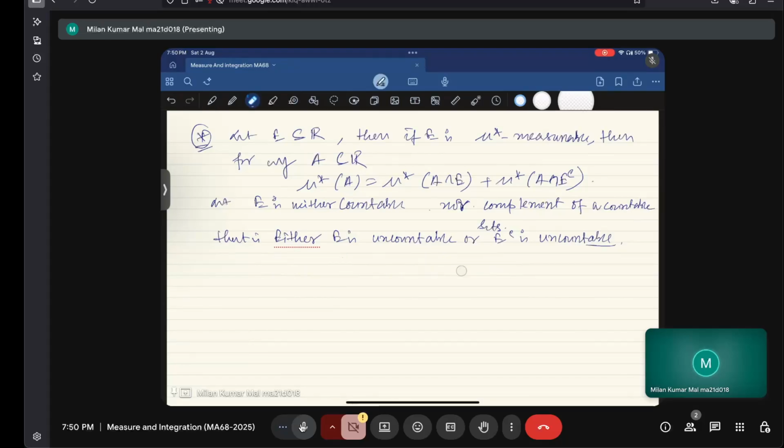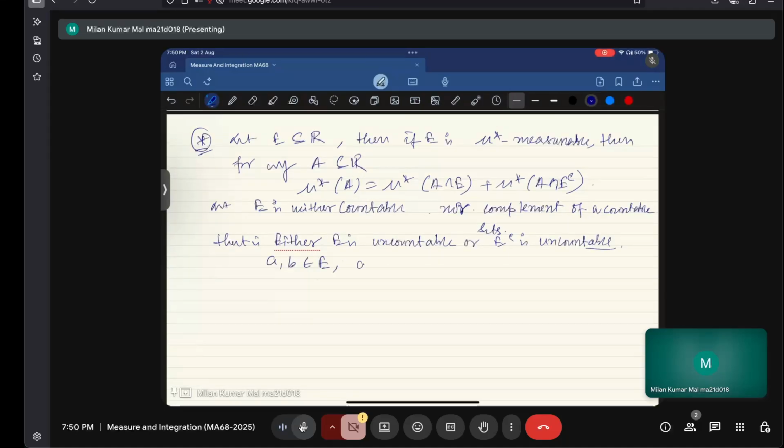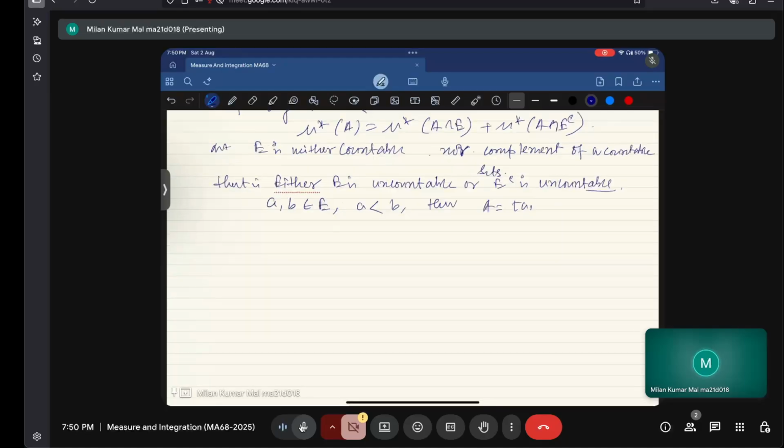Let me start from a different way. Let a and b belong to E, with a less than b. Then if I consider A equal to the closed interval [a,b], then mu star of A is equal to 1, because this does not have an infinite condensation point.